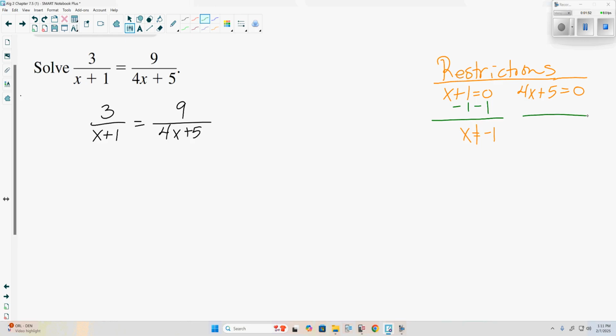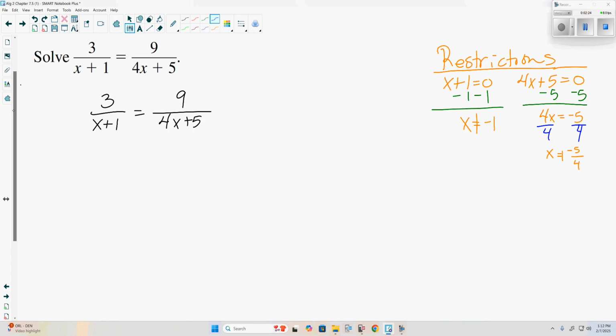For 4x plus 5, we subtract 5 from both sides, giving us 4x equal to negative 5, then divide both sides by 4, telling us that if x is equal to negative 5/4, we'd get a denominator of 0 that would not work. So if one of the solutions is negative 1 or negative 5/4, we would have to throw that solution out. It would be an extraneous solution.